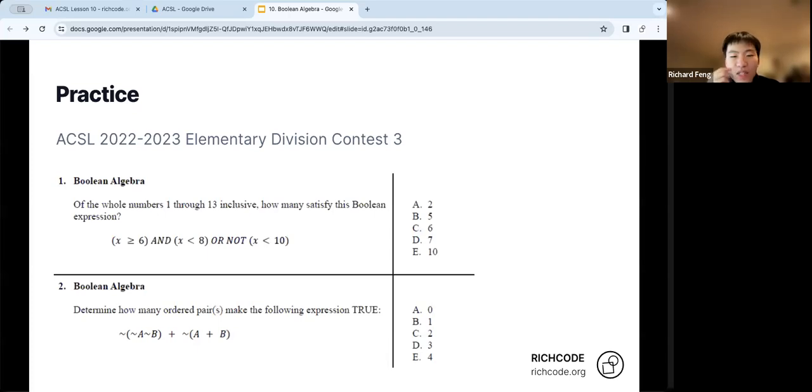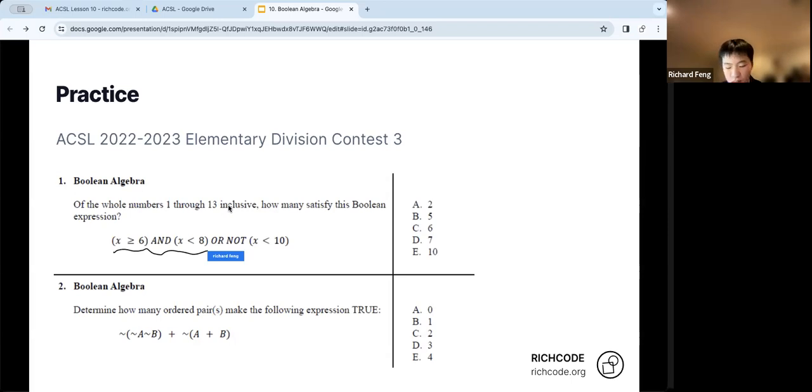Okay, I see some answers and some questions. Inclusive means including. So whole numbers 1 through 13 inclusive, that includes 1 and 13. If it says exclusive, then we don't include them. So for the first question, let's first evaluate this chunk over here.